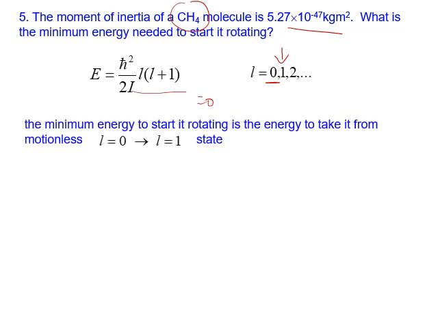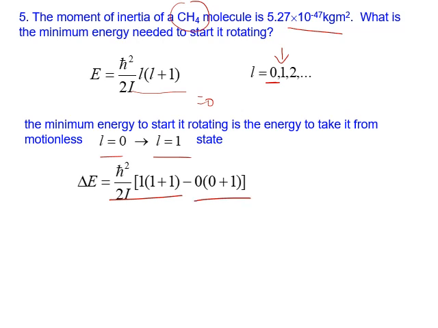And so in order to calculate the minimum energy to start the rotating, we need to calculate the energy to go from L equals 0 to L equals 1. So that means we calculate the energy of L equals 1 minus when L equals 0.